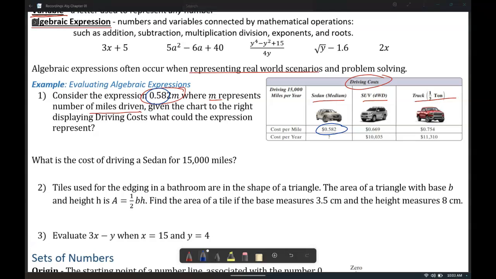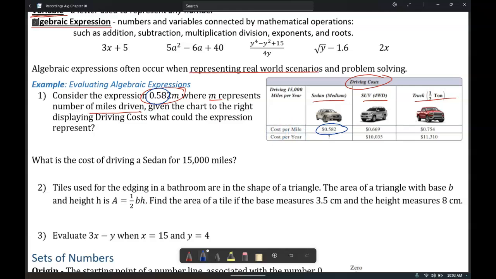By looking at and identifying that this dollar amount is related to the sedan, and looking at the category label, it says cost per mile. Well, that makes sense that 0.582 represents the cost and m represents our miles.